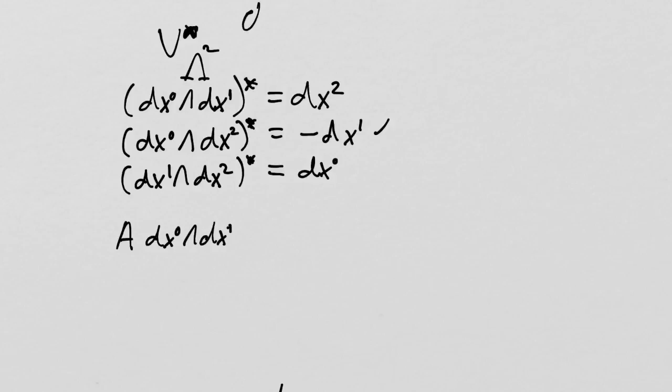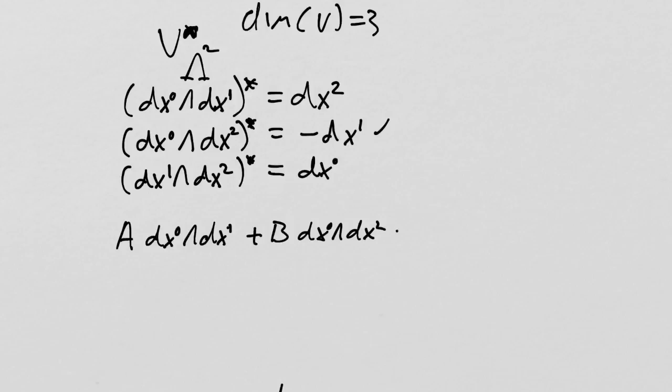Remember, for this exercise, the dimension of V is only 3, and that's so I can just get through the demonstration smoothly. B dx0 wedge dx2 plus C dx1 wedge dx2. All right, so that's an arbitrary vector in the second exterior power space of V star.